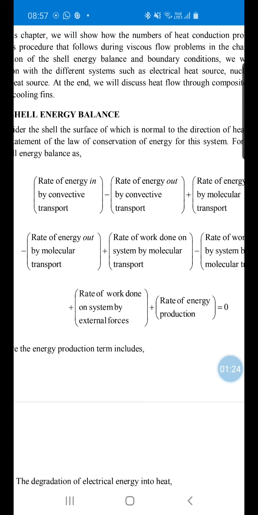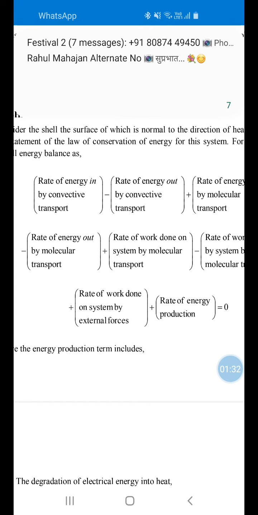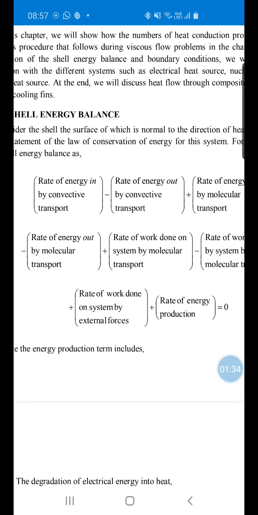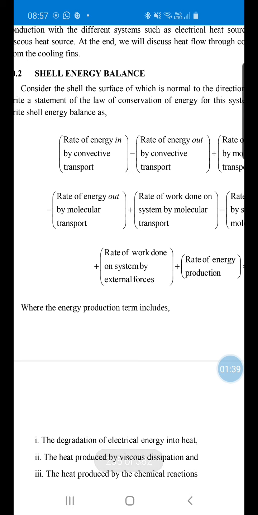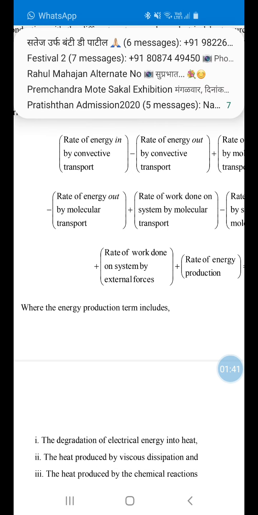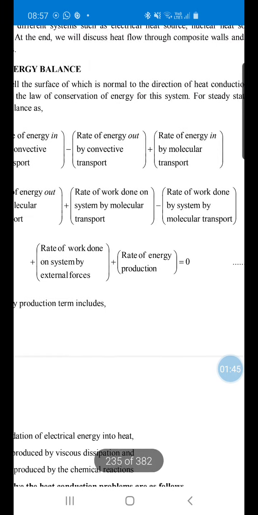Convective transport is because of the flow, and molecular transport is at the molecular level. So the rate of energy in and out by convective transport and the rate of energy in and out by molecular transport will be the four terms included in the shell energy balance. Besides that, you can write the terms for the work done.